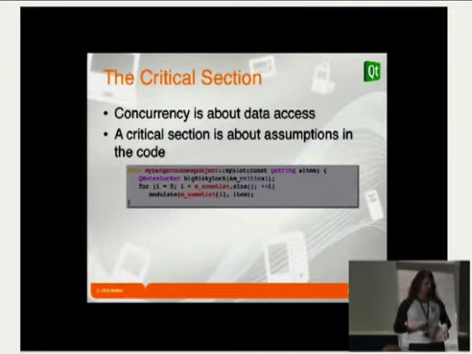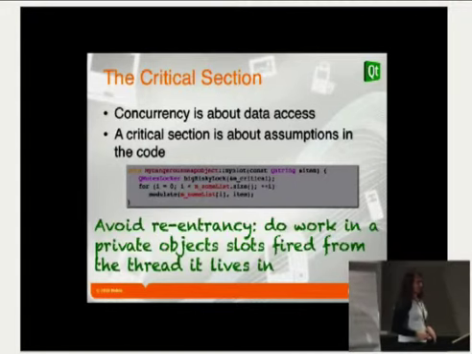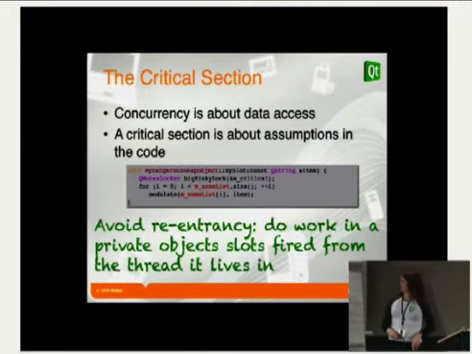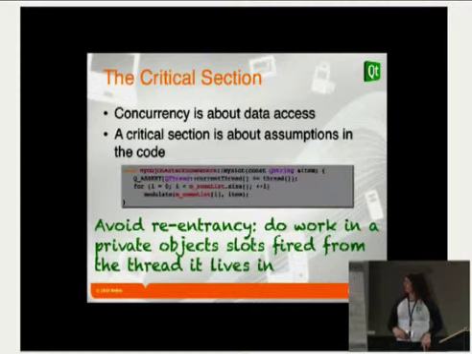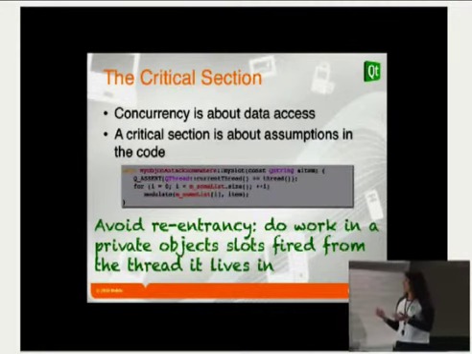There's a better way of handling this, which is to actually get rid of that and replace it with something that you create on the stack. Put this thing inside a private slot that can only be called from the event loop of that thread.